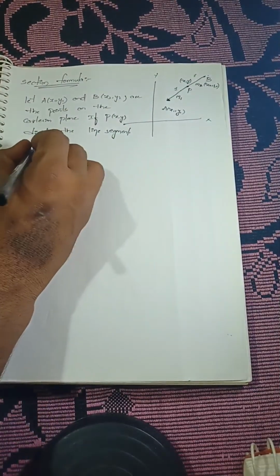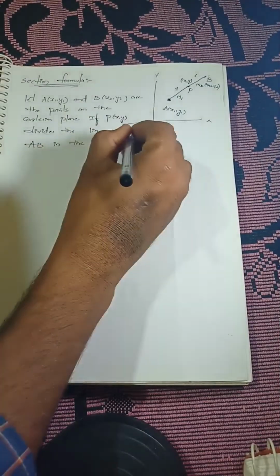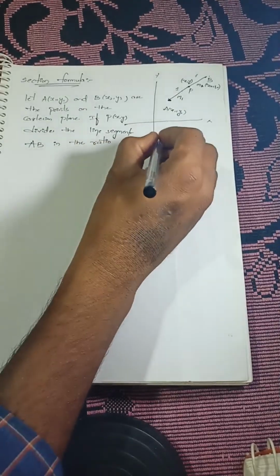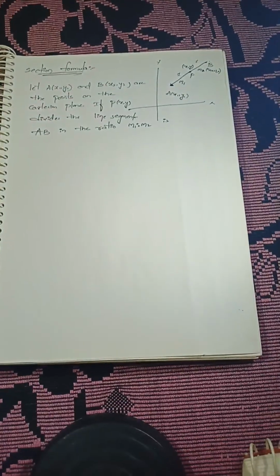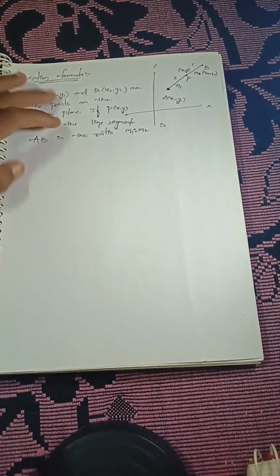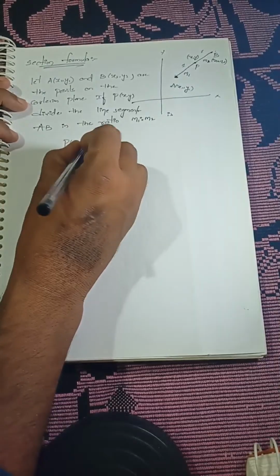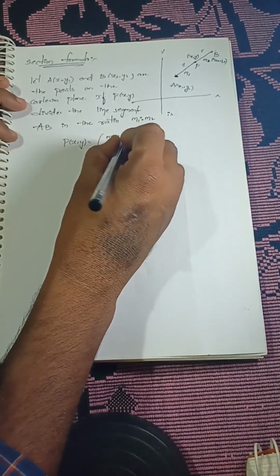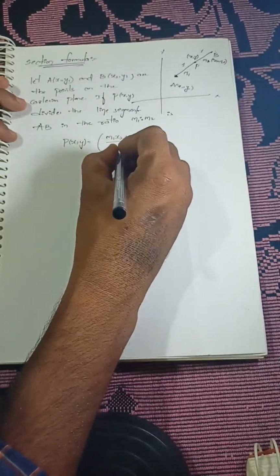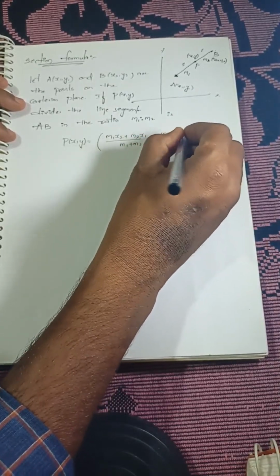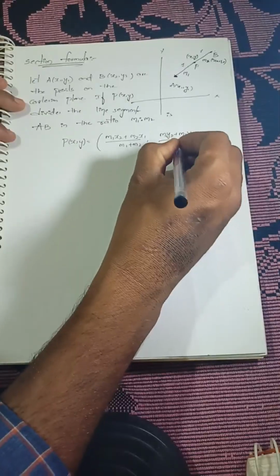If it divides the line segment AB in the ratio of m1 is to m2, then point P x comma y is equal to m1 x2 plus m2 x1 by m1 plus m2 comma m1 y2 plus m2 y1 by m1 plus m2.